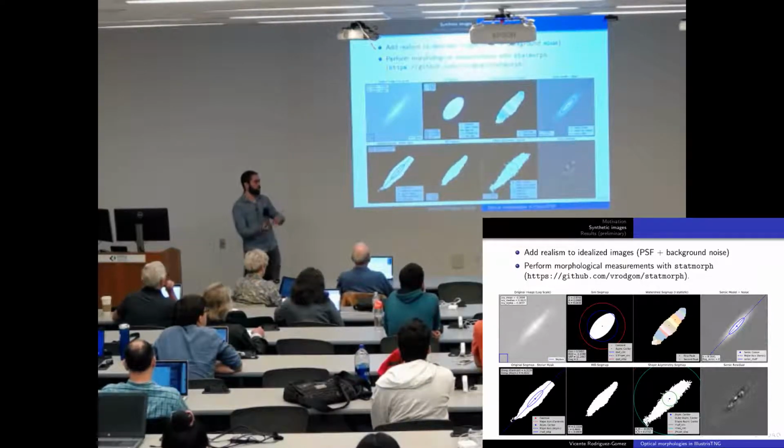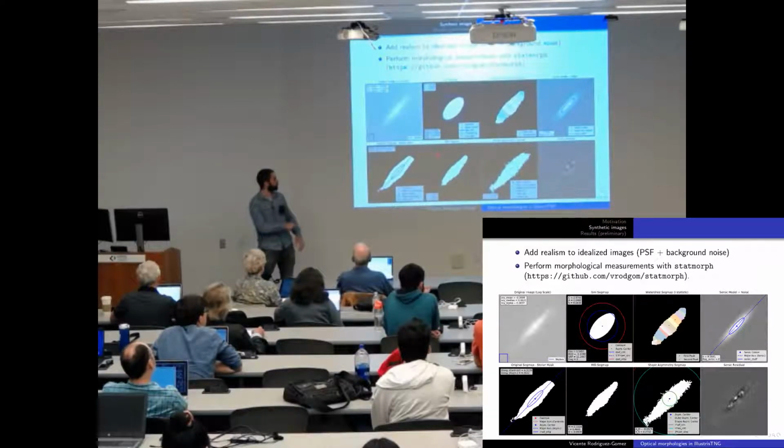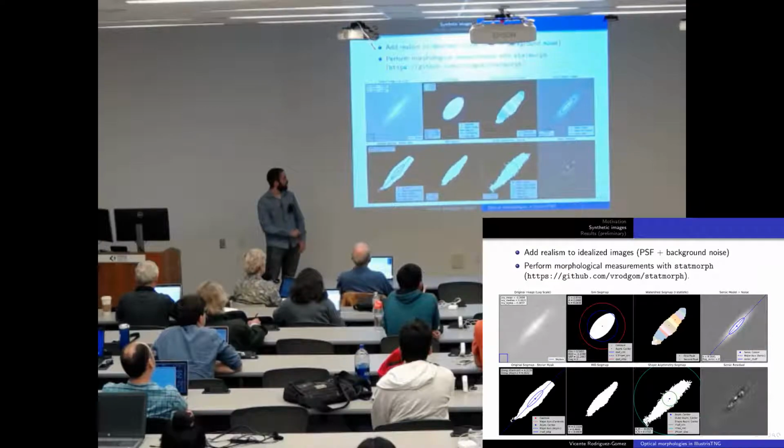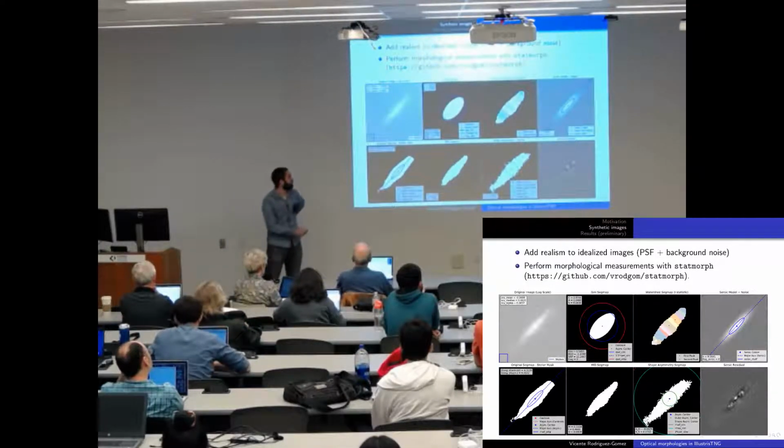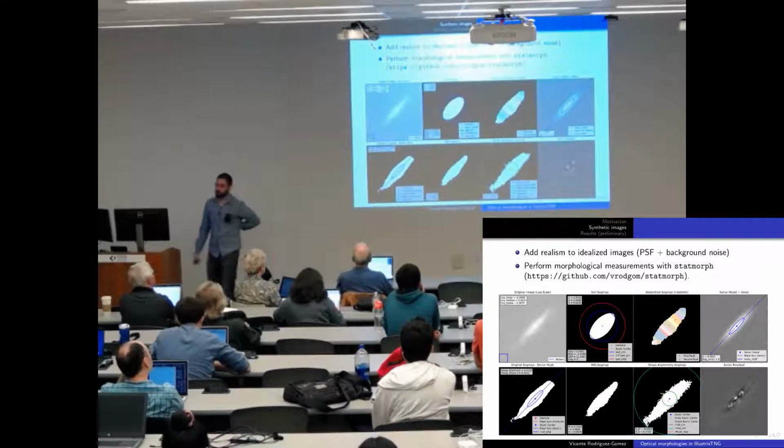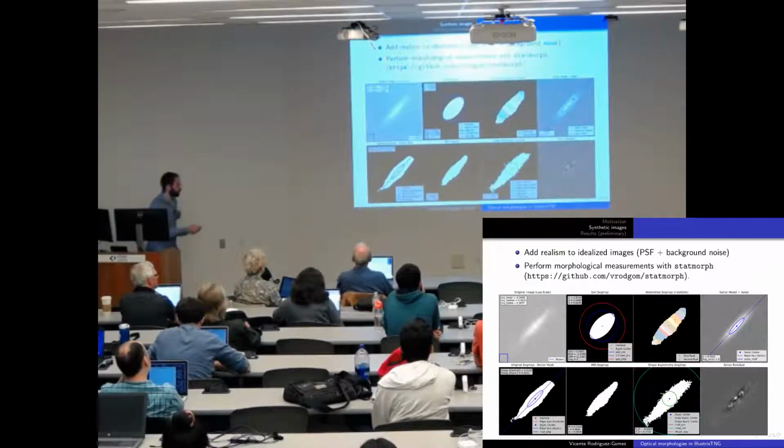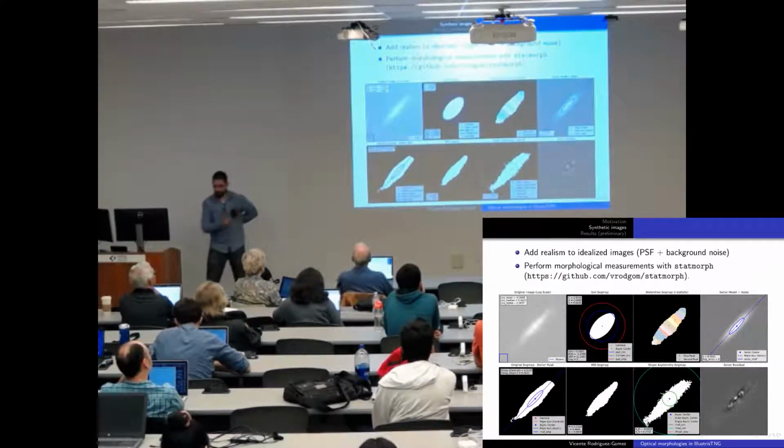Although originally we only cared about non-parametric morphologies, I also included Sersic fits just because of their popularity. But it's a single-component Sersic fit. I'm not trying to compete with GALFIT or anything. It's just for comparison. And we decided to make the code publicly available. You can find it there. It has a tutorial, documentation, etc.